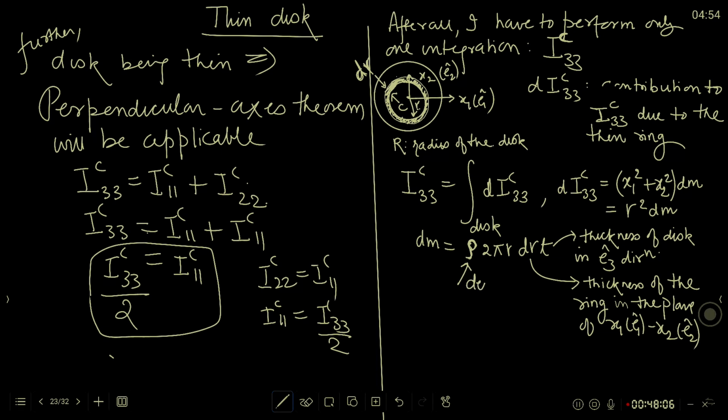So 2 pi r dr gives me the area, multiplied by the thickness of the disk gives me the volume of this ring, multiplied by rho gives me the mass of the ring.